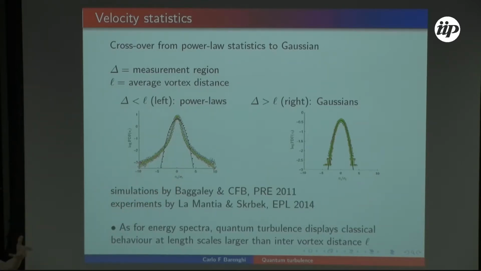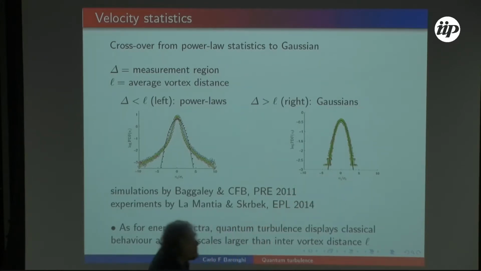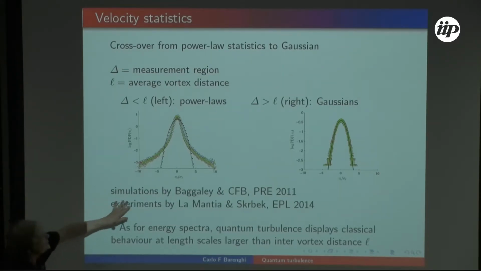You see the singular nature of these quantum vortices. But if it is actually a rather large region of measurements, because the turbulence is very intense and the lines are very close to each other, then you recover Gaussian. And that is actually what we found by doing this numerical exercise. And it was also found in Prague by doing experiments. It was really the same thing.